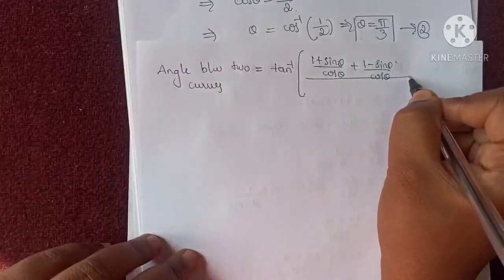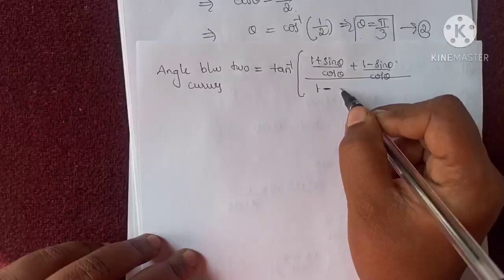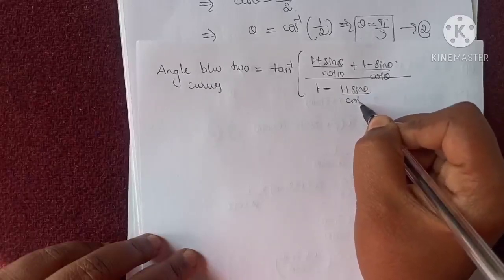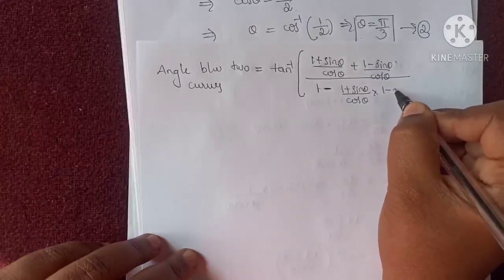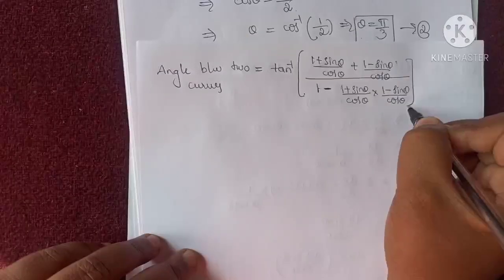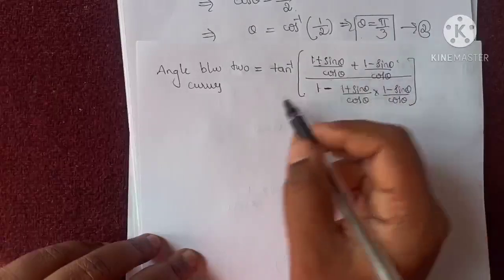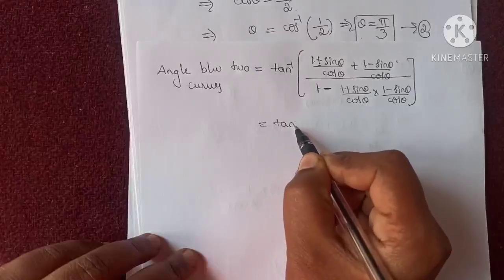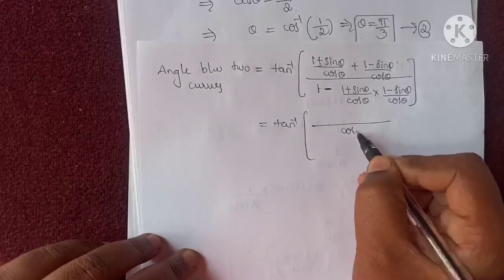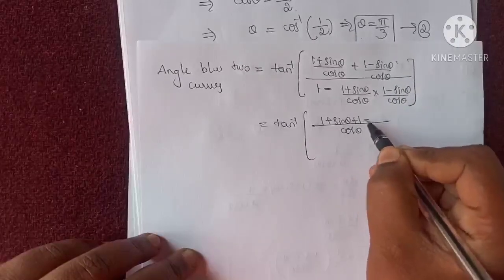Simplifying, taking LCM cos theta, the numerator we get is 1 plus sin theta plus 1 minus sin theta.